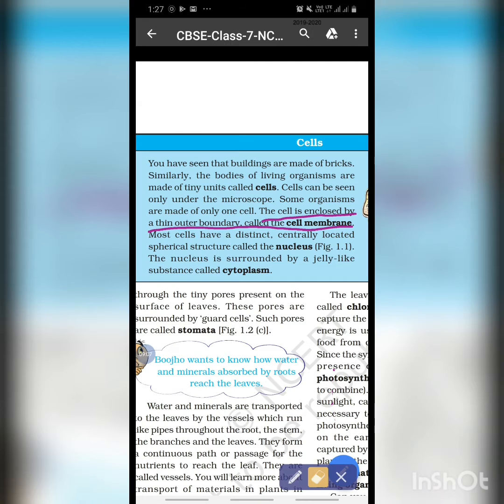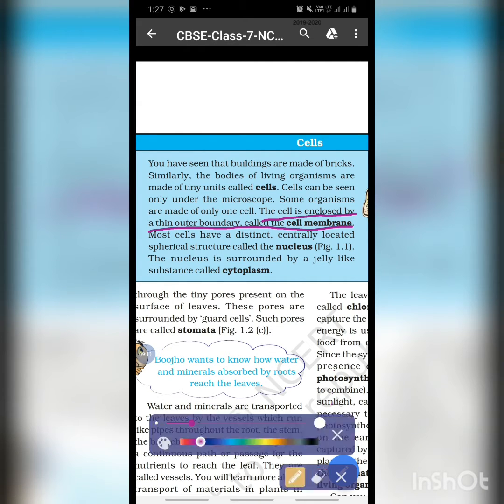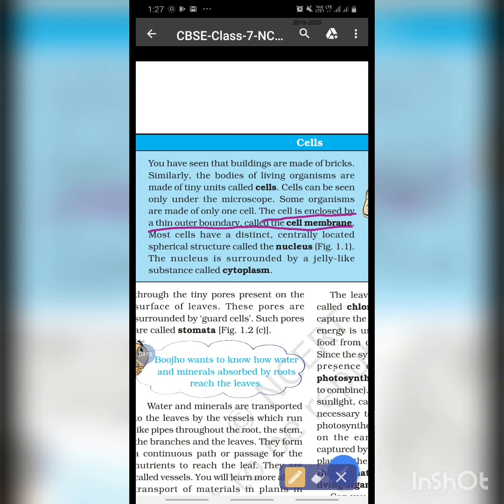Most cells have a distinct centrally located spherical structure called the nucleus.